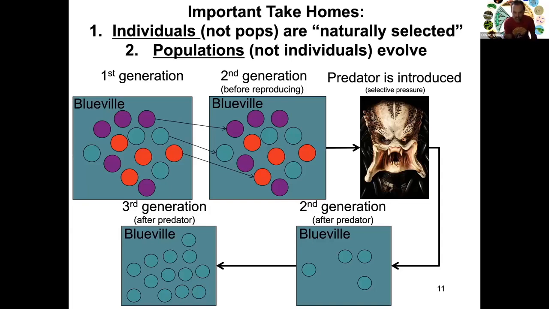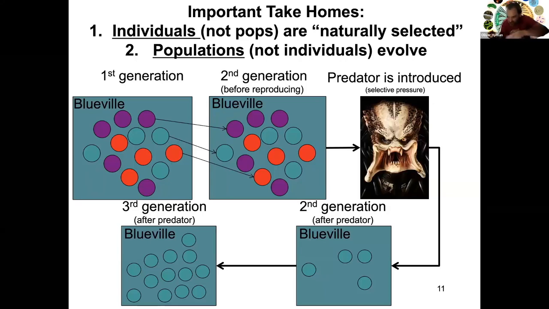But populations, not individuals, evolve, okay? So no purple dots have turned into blue dots. No red dots have turned into blue dots. Instead, the composition overall of the population has changed, where there's now a higher proportion of blue individuals left in the population than those other colors. So you don't have the individual dots sort of evolving themselves or changing.